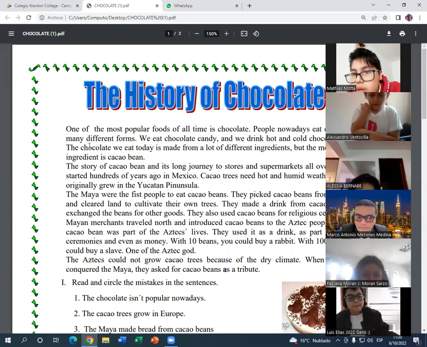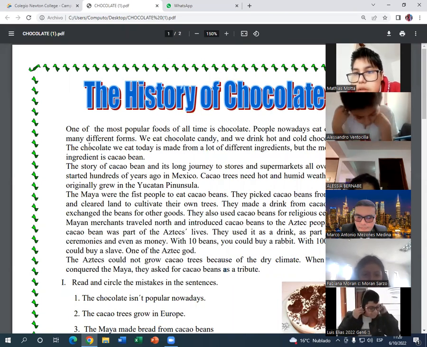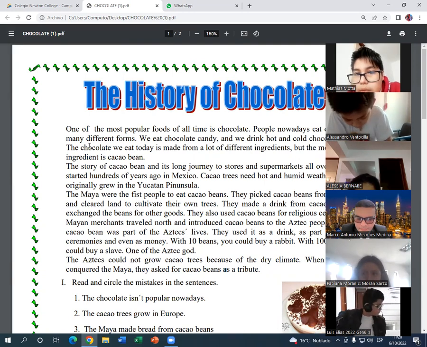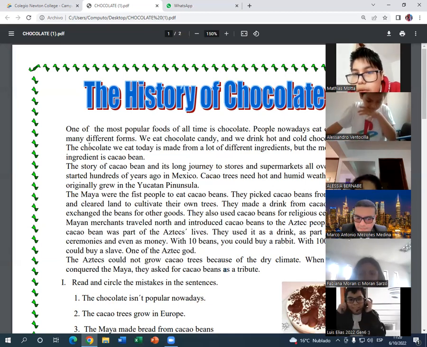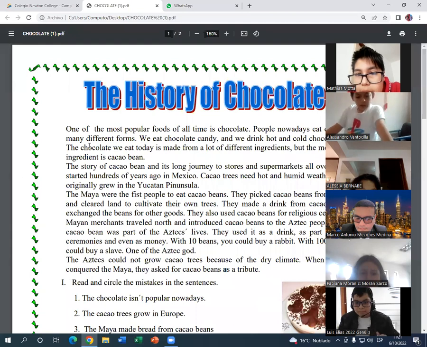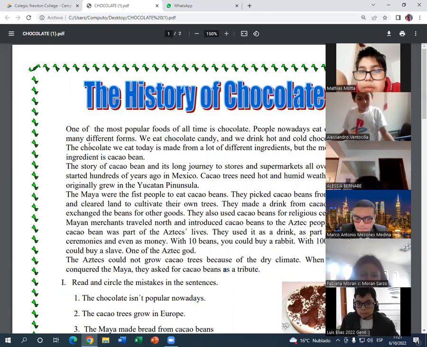With 100 beans, you could buy a slave. The Aztec could not grow cacao trees because of the dry climate. When the Aztecs conquered the Maya, they asked for cacao beans as a tribute. Muy bien. Alessandro.